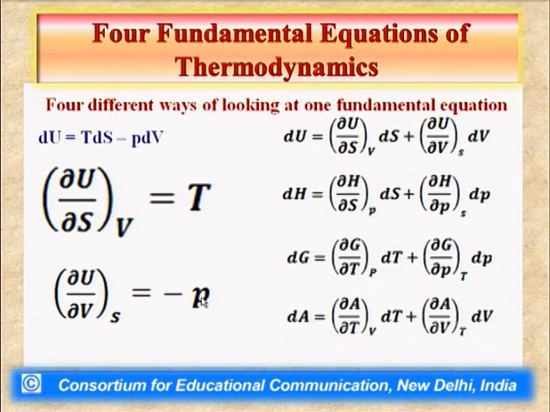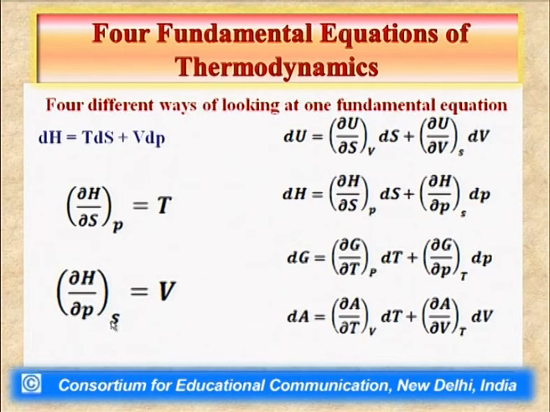So, as the volume gets increased, the internal energy will decrease, therefore, rather than an increase, the internal energy here will decrease under the condition of constant entropy. So, these interpretations are very helpful in order to understand in what way a particular thermodynamic function or property will change as a result of change in other thermodynamic state variables or functions.